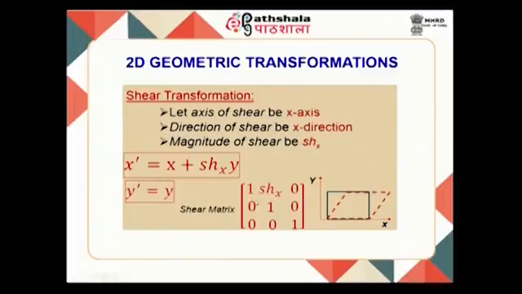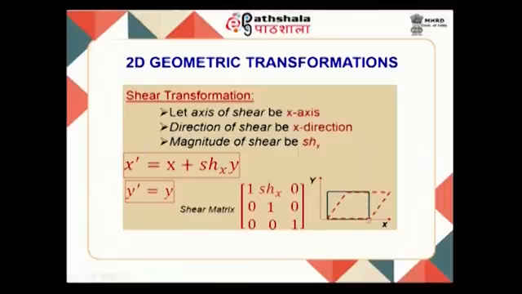If you look at the matrix for the shear, it is 1 SHX 0, 0 1 0, and 0 0 1. So, this is called the shear matrix when the shear axis is the x axis, the direction of shear is the x direction and the magnitude is SHX.